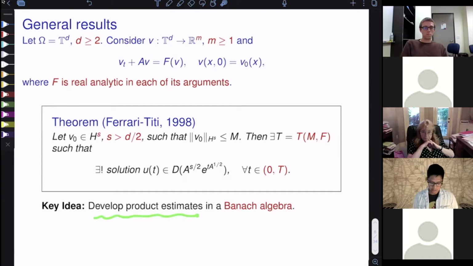And here the key thing is to develop product estimates. So again, this might not be a bilinear term, but you'd like to develop product estimates in a Banach algebra. And of course, this is certainly the case here when s is greater than d over 2.